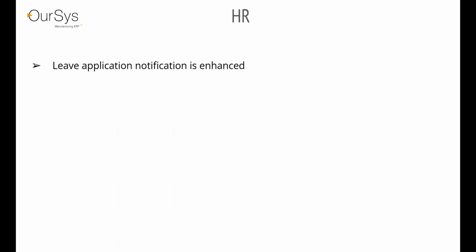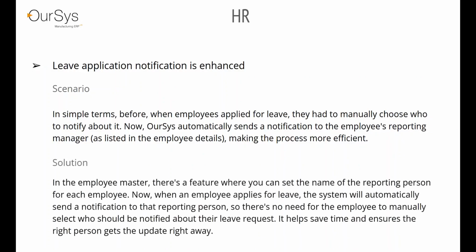Leave application notification is now enhanced. Before, when an employee asked for leave, they had to pick who should be notified about it. Now OurSys automatically sends a notification to the sales manager or the person in the system who we have marked as the supervisor, to make the process easier and faster.